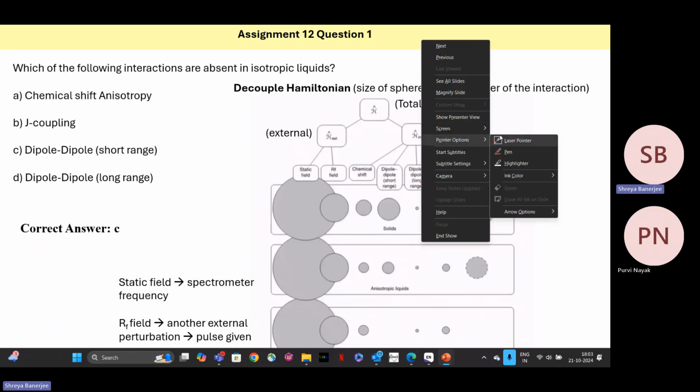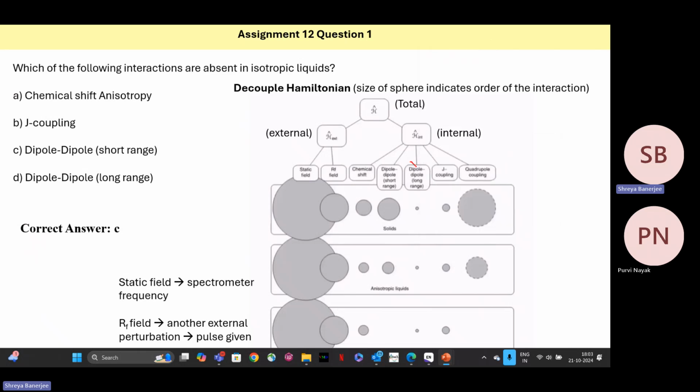What is specific only for anisotropic liquid or solid is the dipole-dipole short range interactions. You can see it is present in solid and anisotropic liquid, but it is absent in isotropic liquid, and the quadrupolar coupling, which is also absent in isotropic liquids.